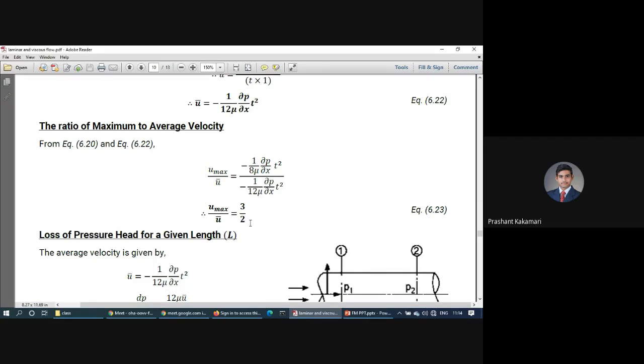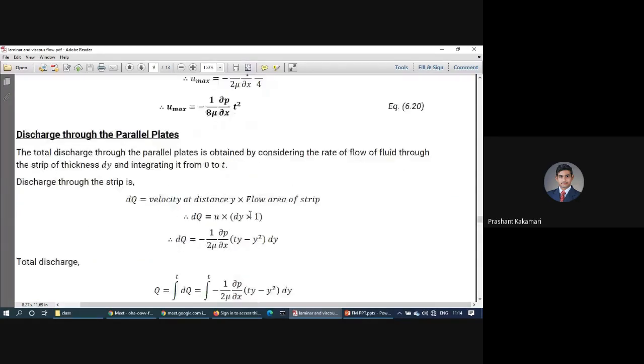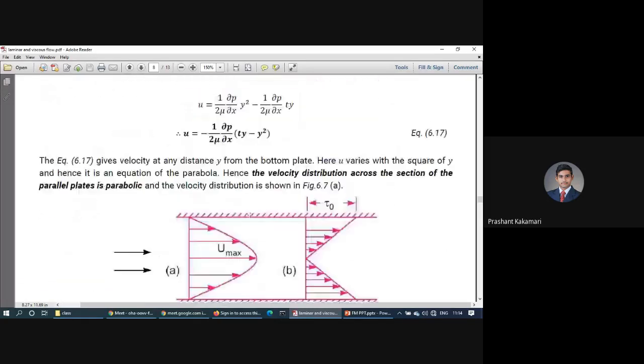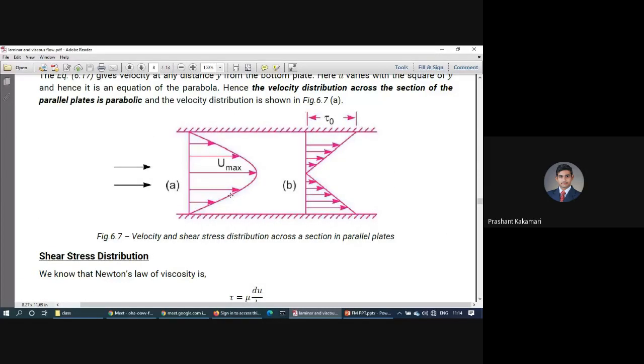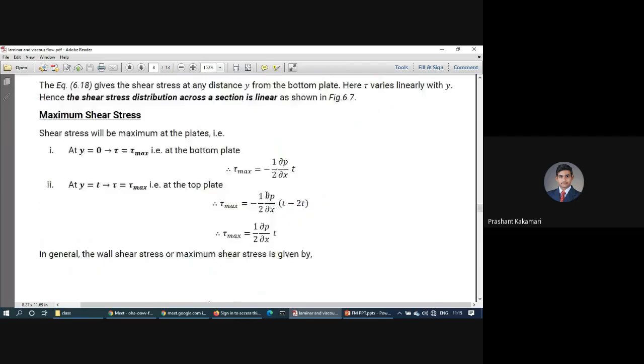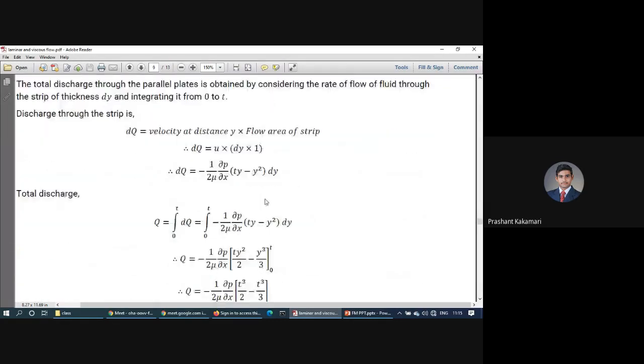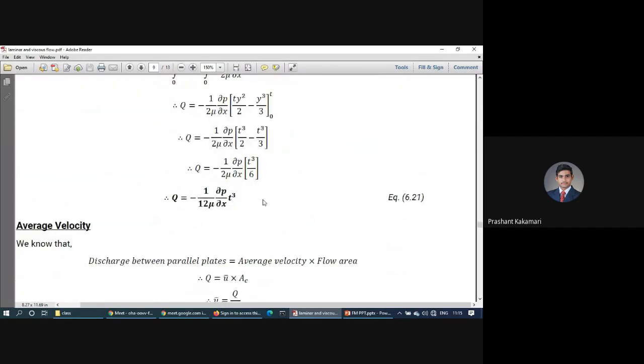Means in this condition, the maximum velocity and average velocity are not at half. So you can observe, from the center to the wall of the plate, at what point you can find the average velocity. That point is the average velocity point.